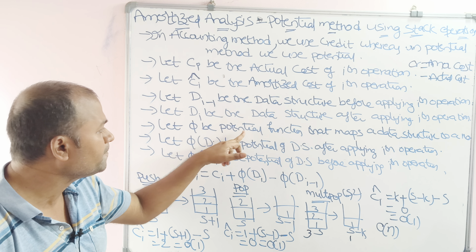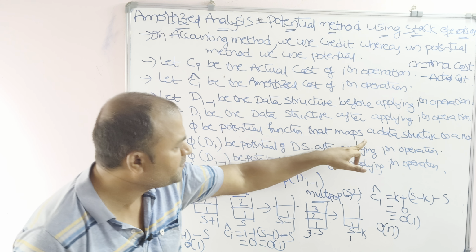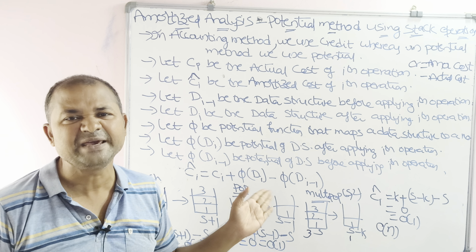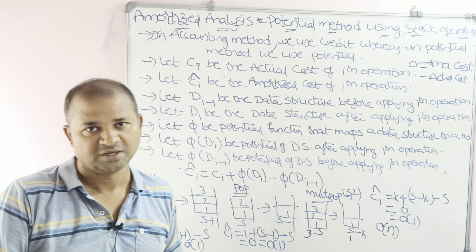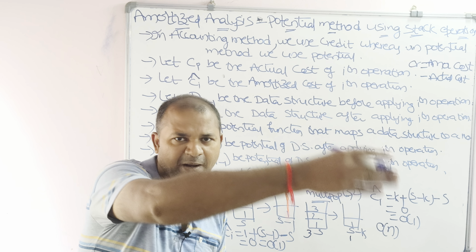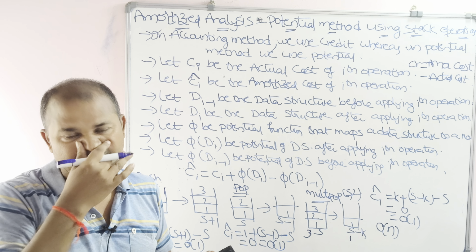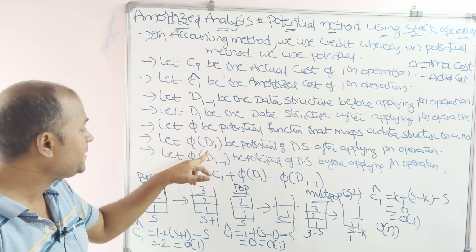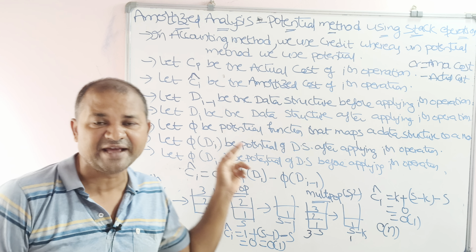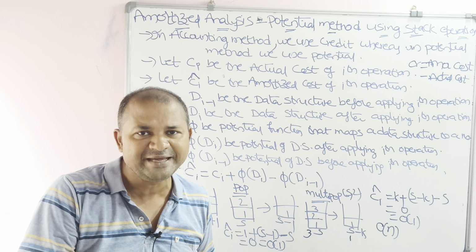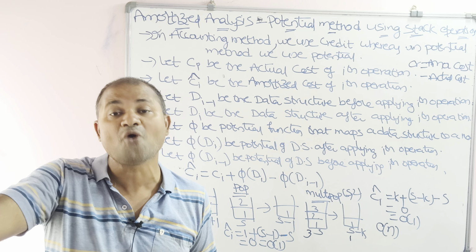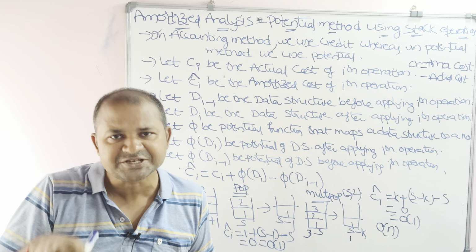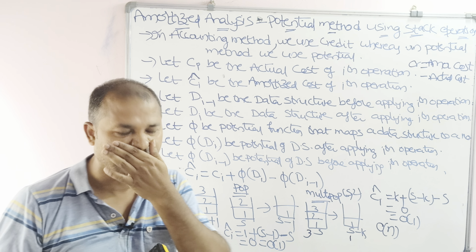Let pi be the potential function that maps a data structure to a number. So pi means potential function. That potential function will be applied on the data structure, and it will produce a real number. Di means the data structure after applying the ith operation, and Di minus 1 means the data structure before applying the ith operation.